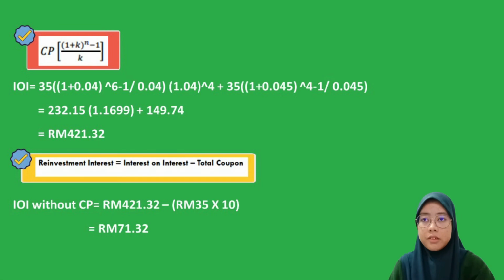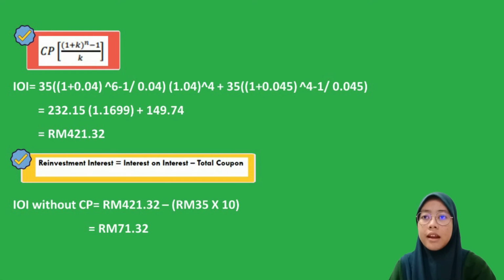Moving on to step 2, we need to find the interest on interest by using the formula of interest on interest equals coupon payment multiplied by (1 plus K) to the power of N minus 1, divided by K. Key in the numbers into the formula and you will get RM35 multiplied by (1 plus 0.04) to the power of 6 minus 1 over 0.04, multiplied by 0.04, plus RM35 multiplied by (1 plus 0.045) to the power of 4 minus 1 over 0.045.